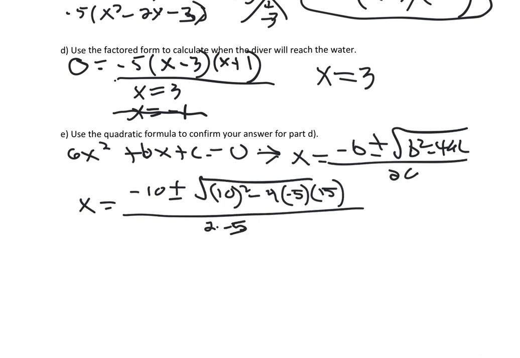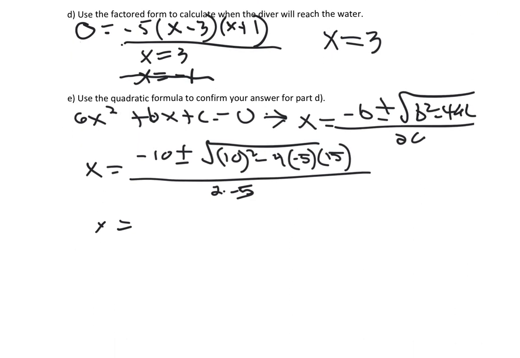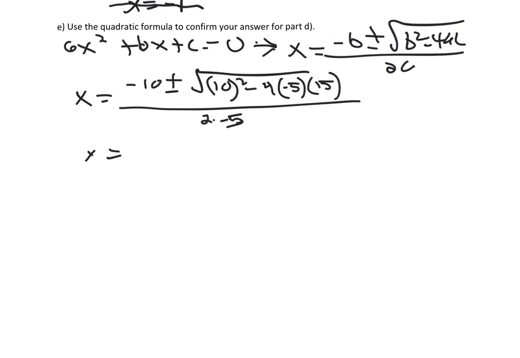Okay, so that's going to give us that x is going to be equal to -10 plus or minus the square root of 100.